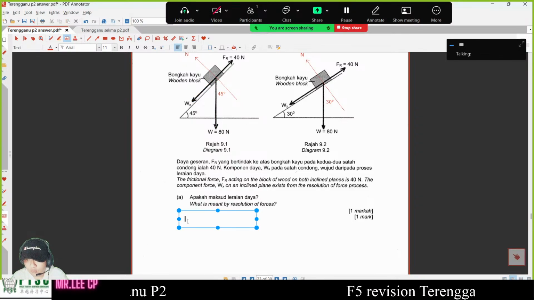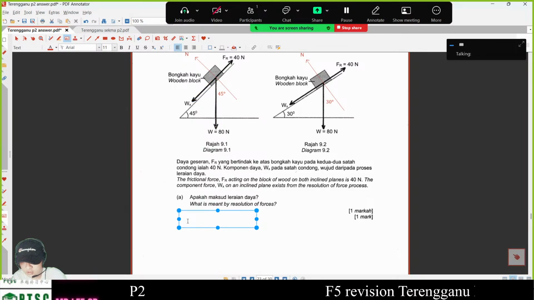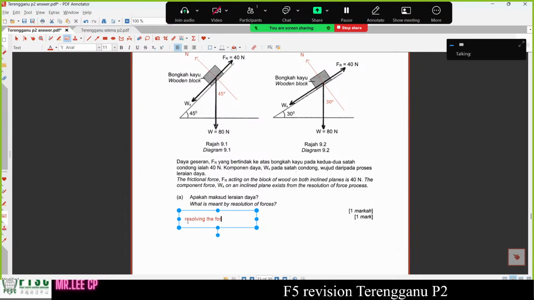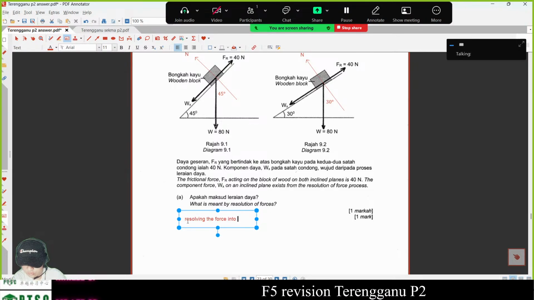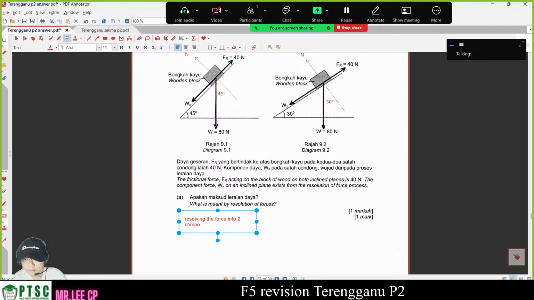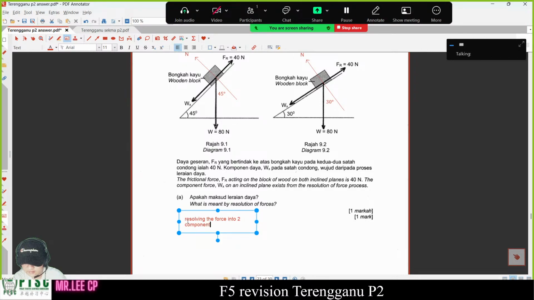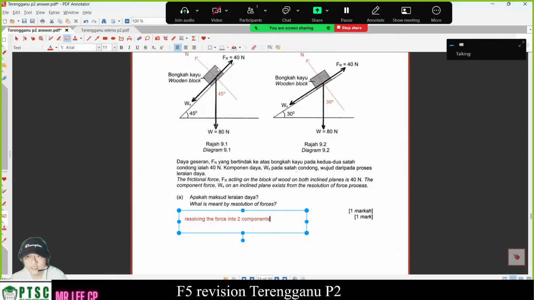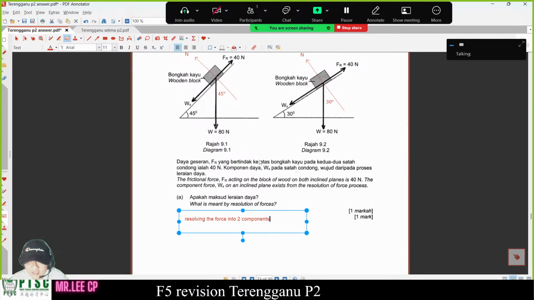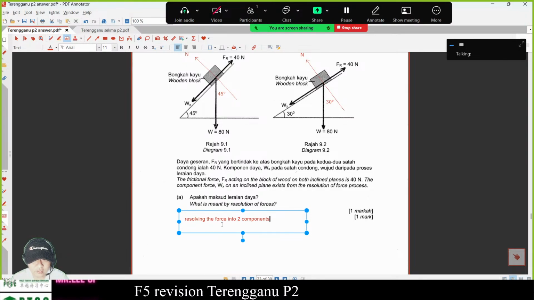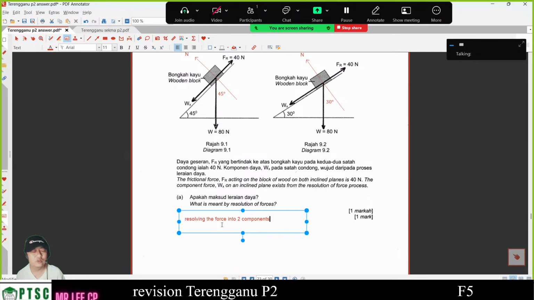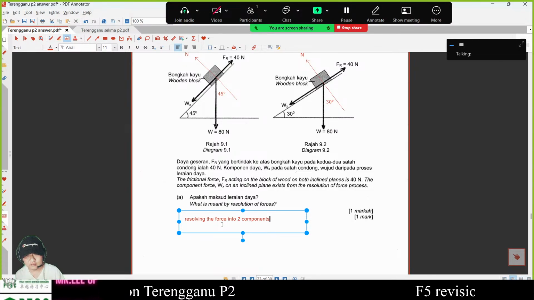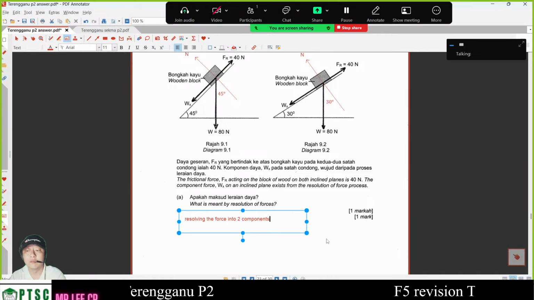So resolution is resolving the force into two components, one is X, one is Y. You don't write break the force. You say resolving the force into two components.